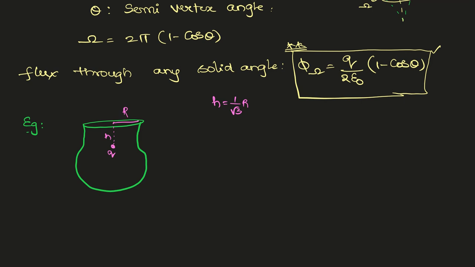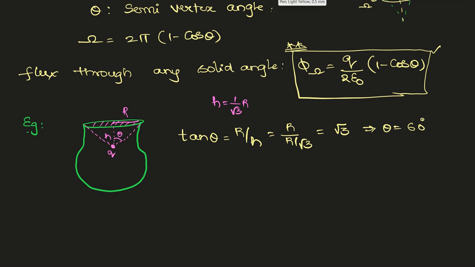Then this surface will subtend some solid angle here. To find that solid angle, we have to find this semi-vertex angle theta. For that I'll take the trigonometric function tan theta, which is equal to r by h, that is root 3, which implies theta is equal to 60 degrees.